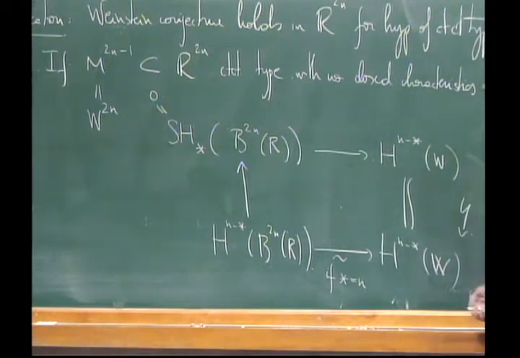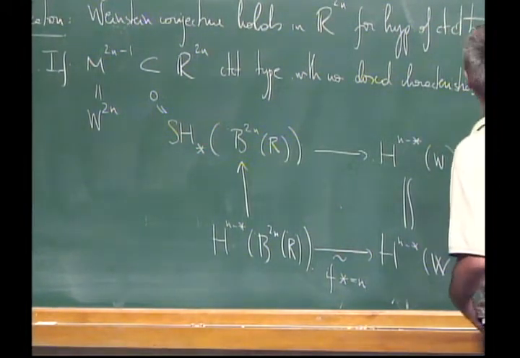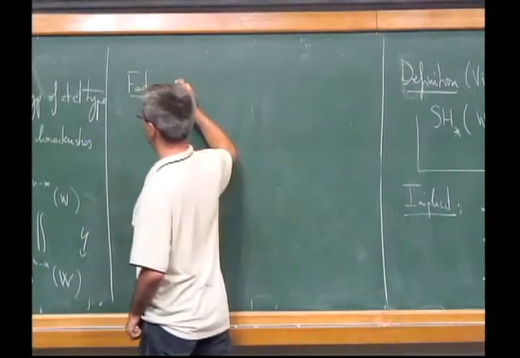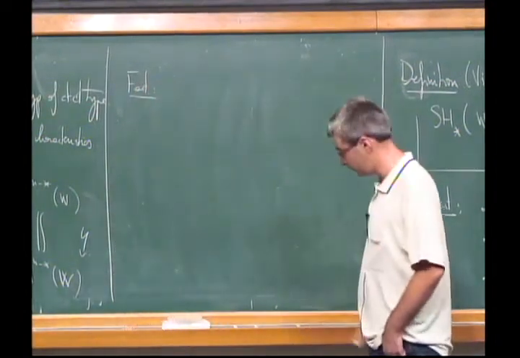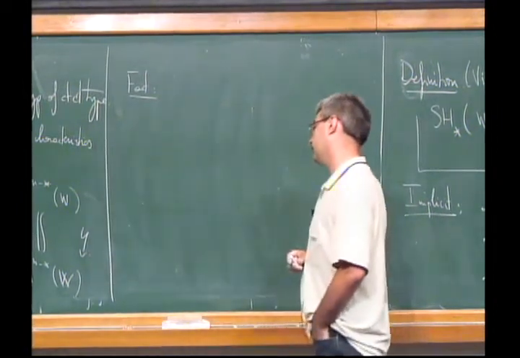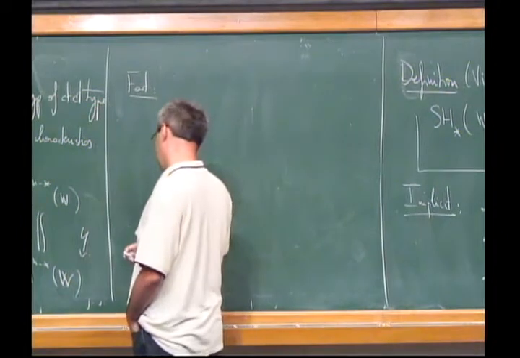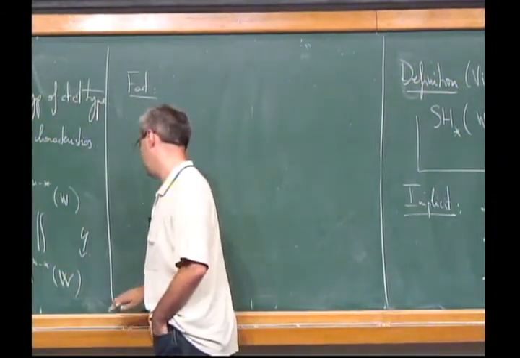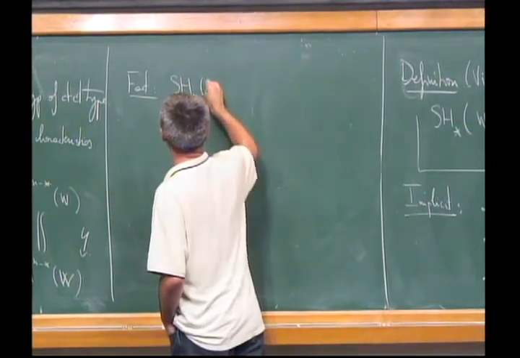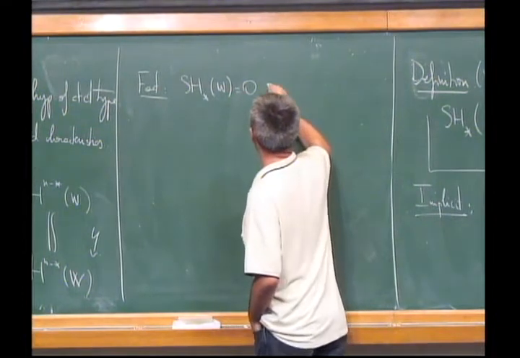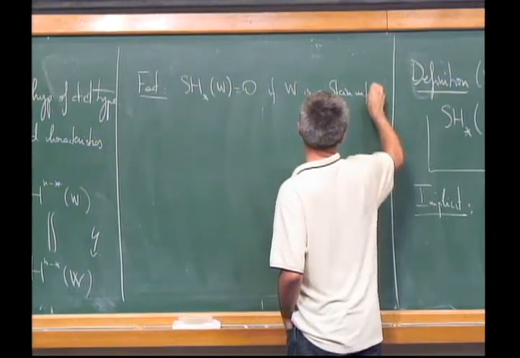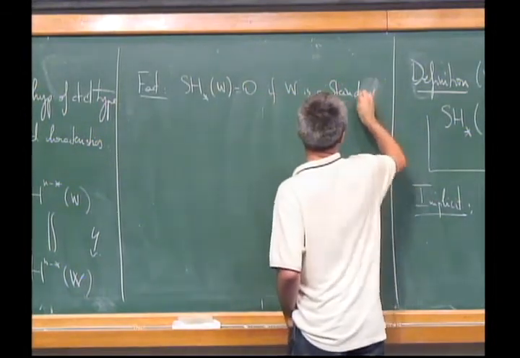As a matter of fact, this also proves a fact, which I'm probably going to develop a little bit more tomorrow. Symplectic homology vanishes if W is a Stein manifold, or a Stein domain, which is subcritical.